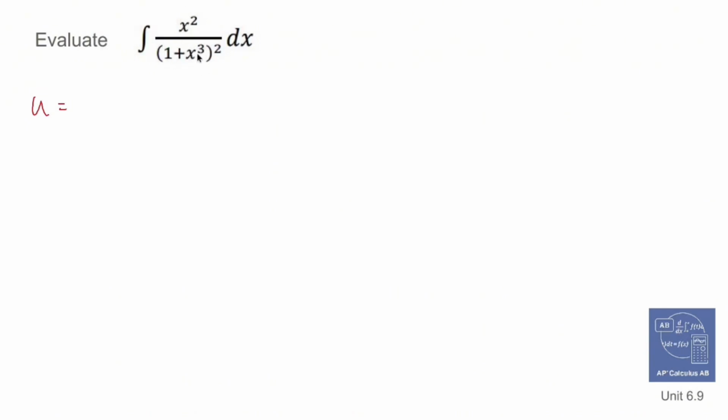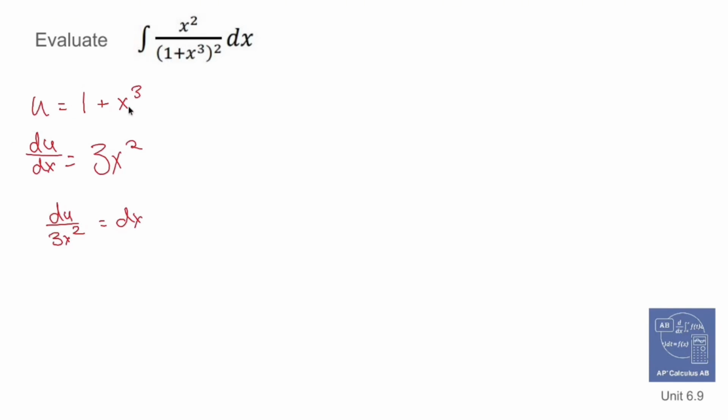If I take the derivative of x cubed, it looks like x squared is floating around, so I'm going to have 1 plus x cubed be my u. You take the derivative of that, du dx is going to equal, 1 goes away, 3x squared. And then you do the old flip-flop with dx and 3x squared, giving you du over 3x squared equals dx.